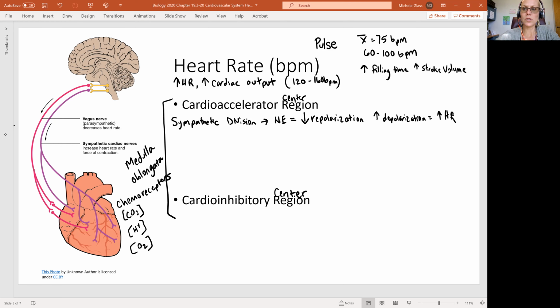What that means is you are allowing the cardiac muscle to be stimulated sooner than it was otherwise, and so it can contract more quickly. So the norepinephrine is going to do this by opening what we can call chemically gated sodium ion and chemically gated calcium ion channels.